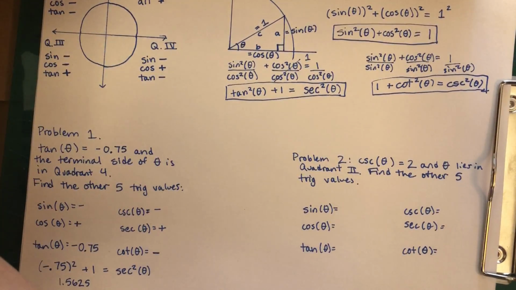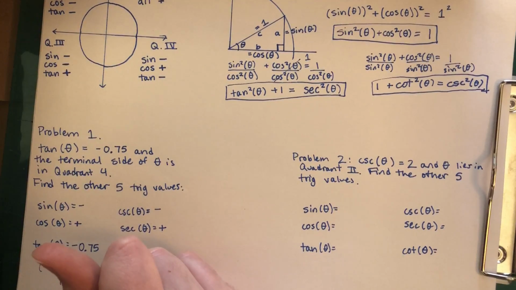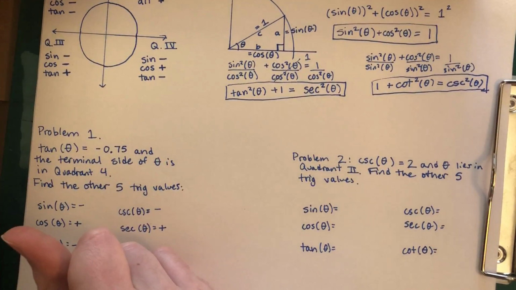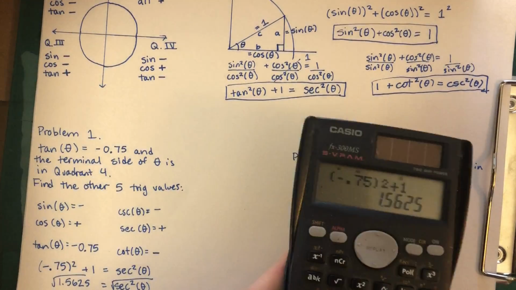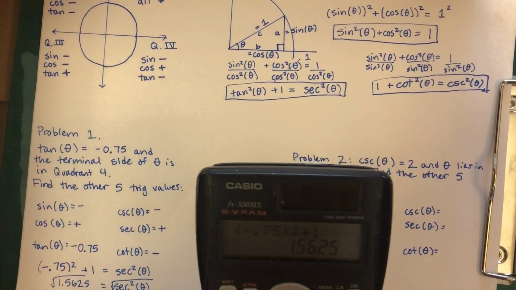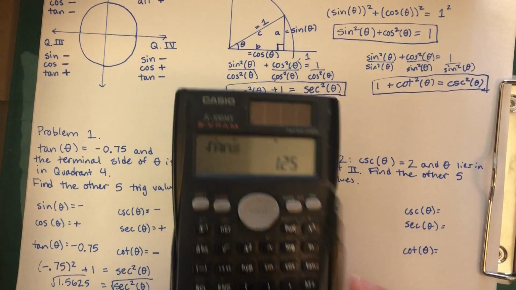Or I think this has a fraction to decimal button that will give it to me as a fraction. I don't remember which one it is though, so it's fine. Equals secant squared theta. So now to find the secant, I can just take the square root. Okay. And then I get that it is 1.25.